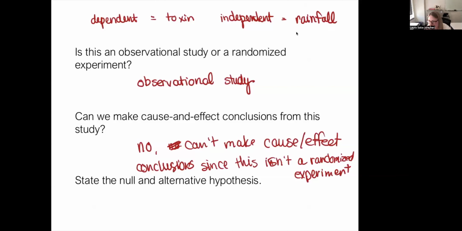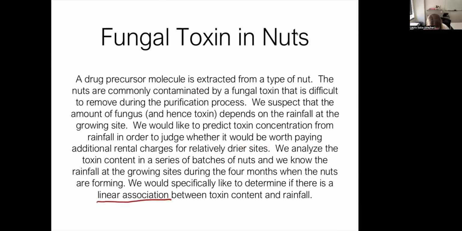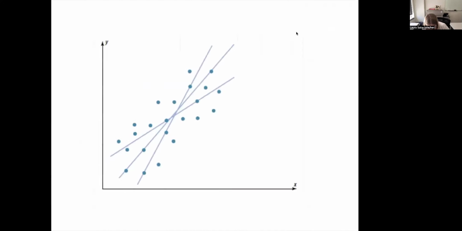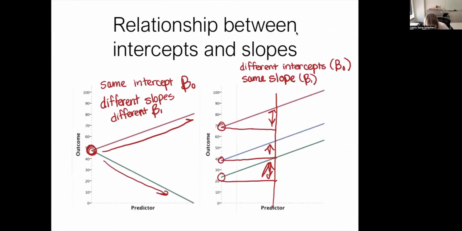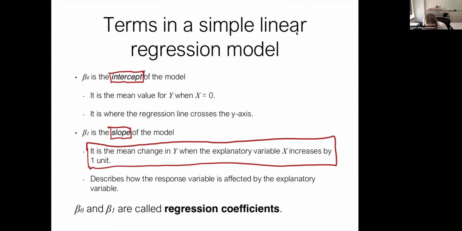So the question is, what's the null and alternative hypothesis? Coming back to this, we would specifically like to determine if there's a linear association between toxin content and rainfall. When we go back to our descriptions of intercept and slope, our slope is the one that's describing how the response variable is affected by the explanatory variable. So that's going to be our parameter of interest.